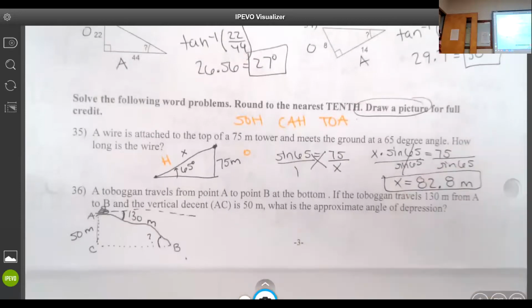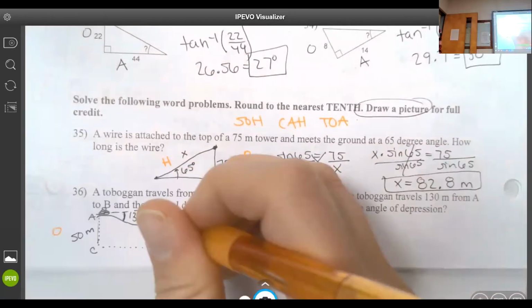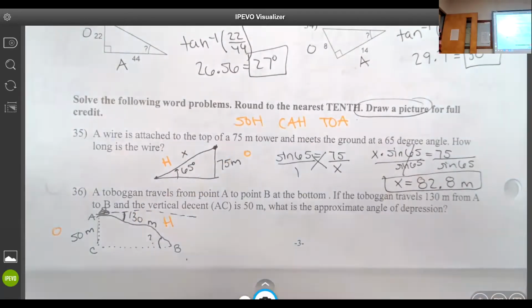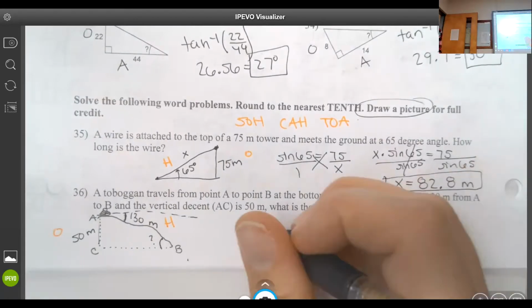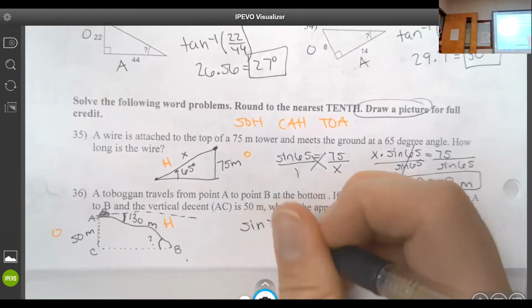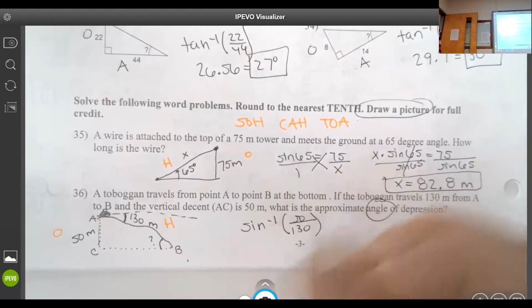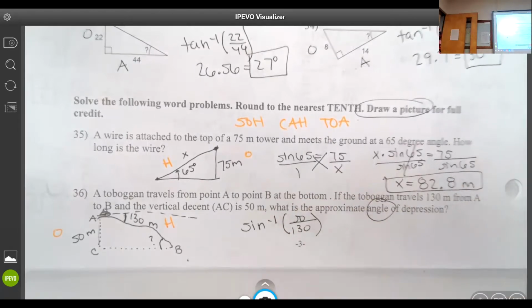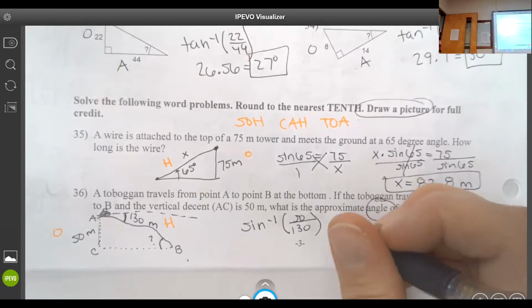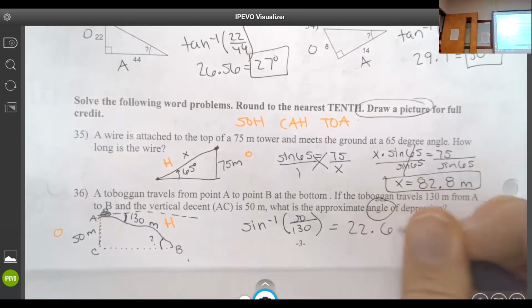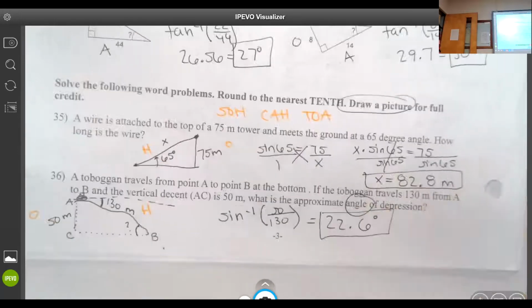I have opposite and hypotenuse, but because I want the angle, I'll use inverse sine, and I'll do opposite over hypotenuse. And that will tell me what the angle is. It gives me 22.6 degrees. It said to round to the nearest tenth, so I'll leave it as 22.6 degrees.